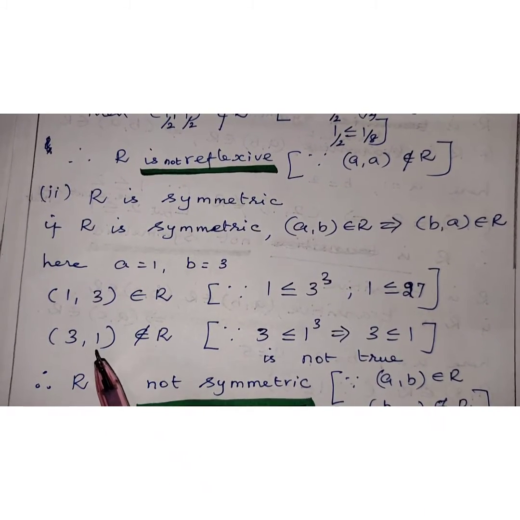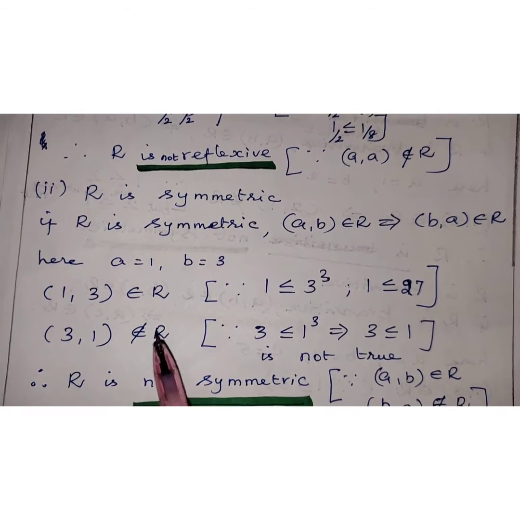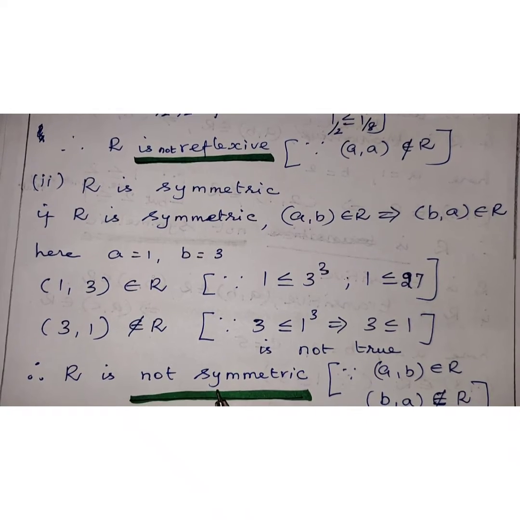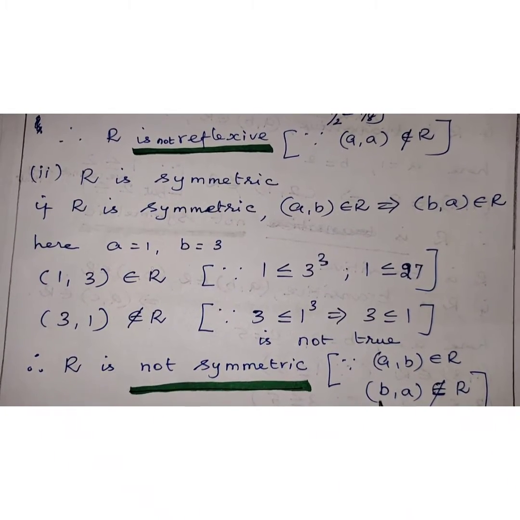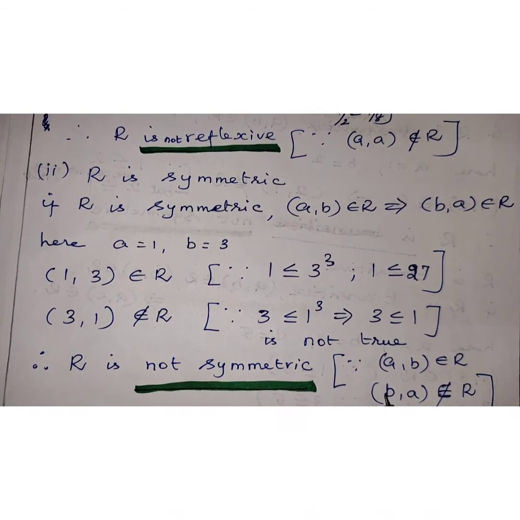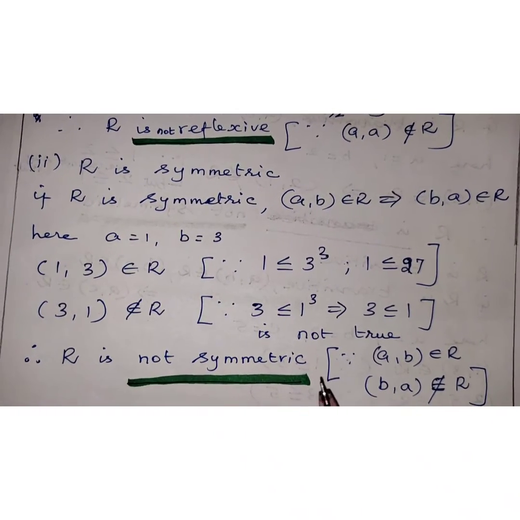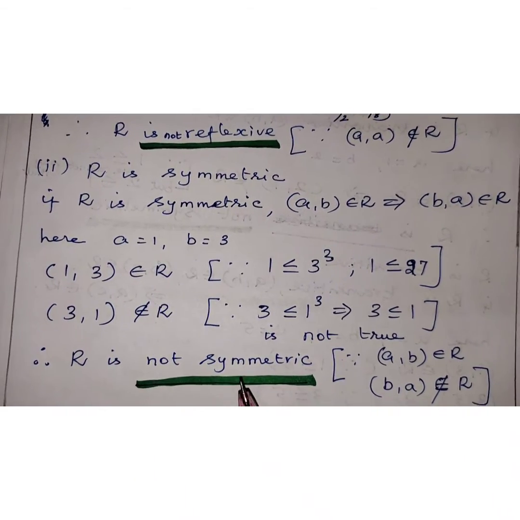So here (3, 1) does not belong to R. Therefore, the given relation R is not symmetric, since (a, b) belongs to R but (b, a) does not belong to R. The given relation R does not satisfy the symmetry condition. Therefore, we can write R is not symmetric.